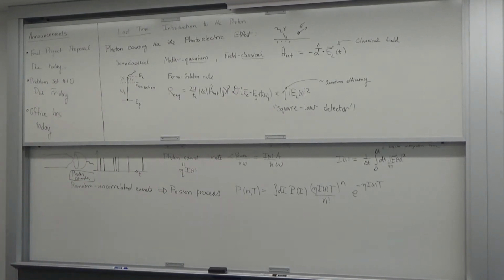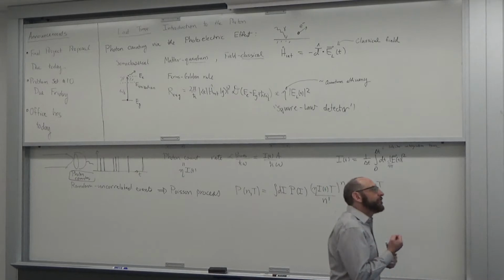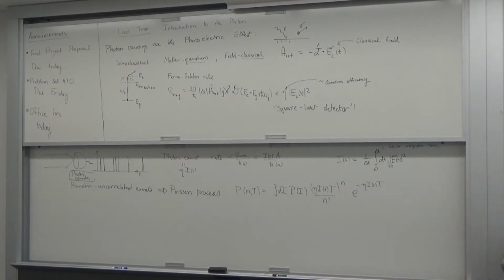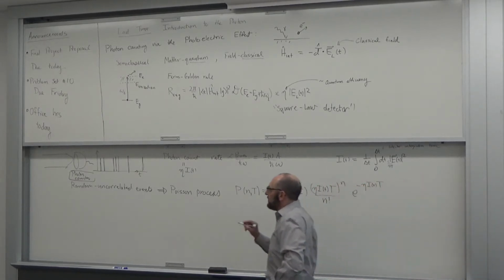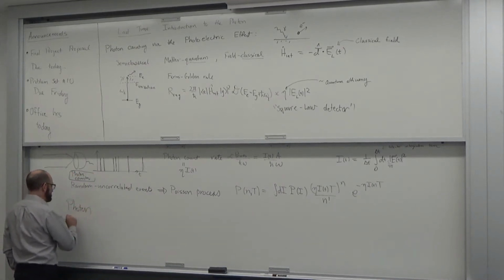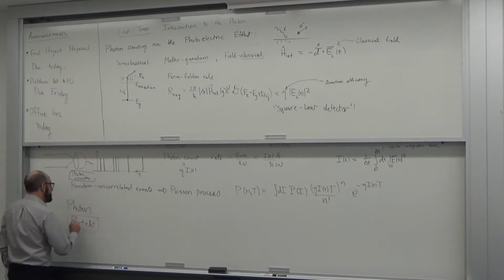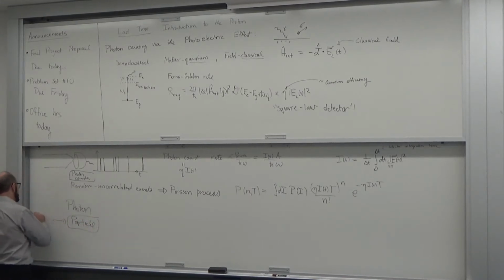Okay. Now, as we described, one of the essential aspects of what we call a photon is that a photon is a particle. And what we mean by a particle is that it's indivisible.